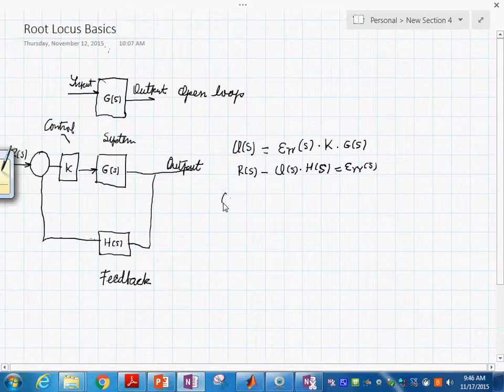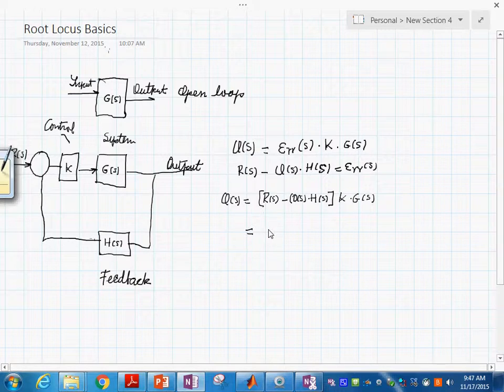So what I would do is say output of s is equal to the error of s, which was r of s minus output of s times h of s, and then times k times g of s. Now we just have to play with algebra a little bit, and you'll see what we get.